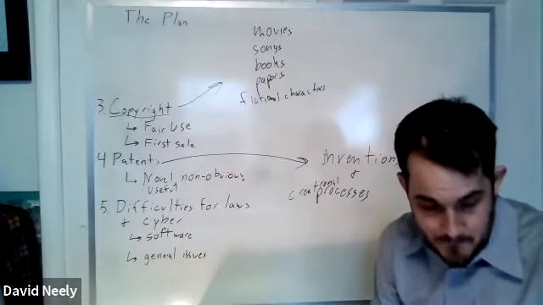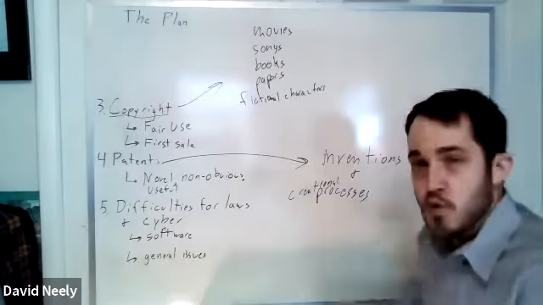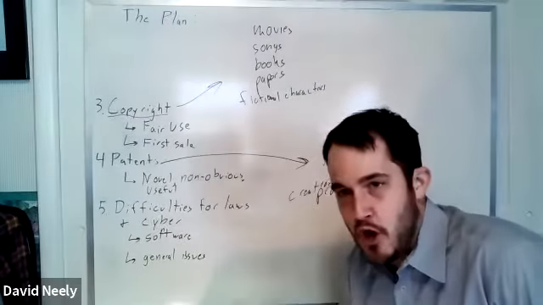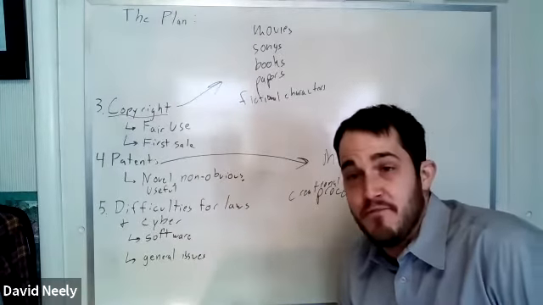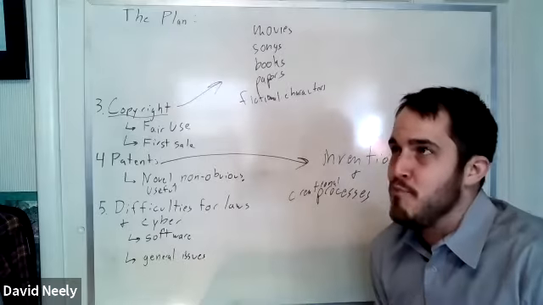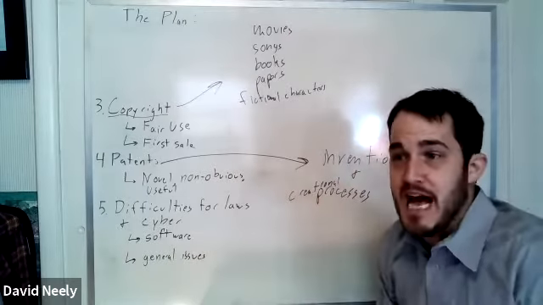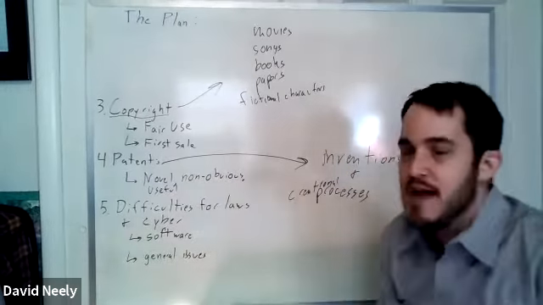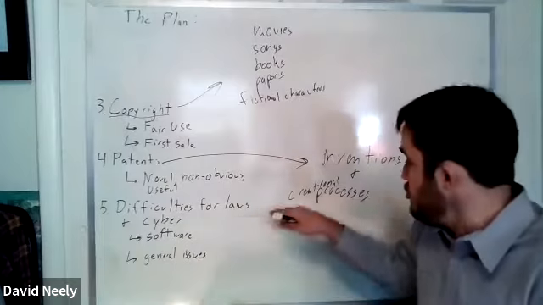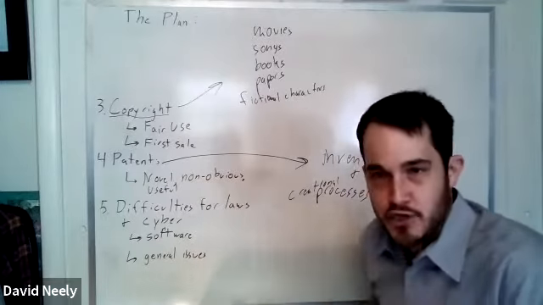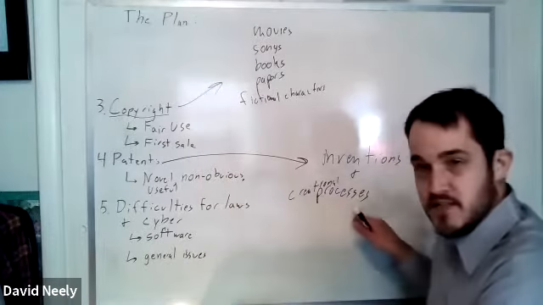So if you develop a new method, let's go with Tesla. Tesla invented a new way of creating electric cars. They have a new process for this.